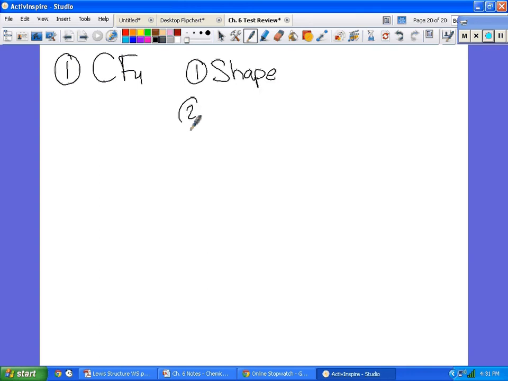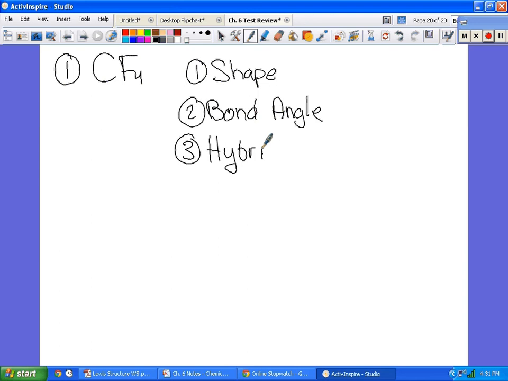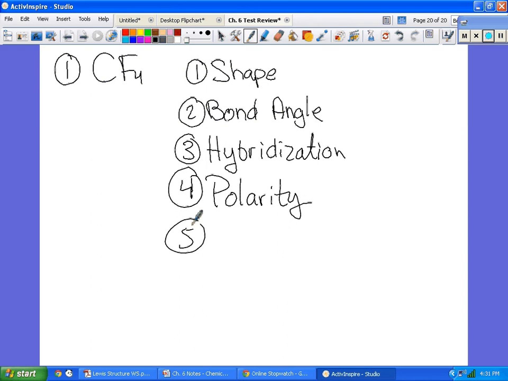I may do these out of order, but overall that's what will be there. Number 3 is the hybridization. Number 4 is the polarity. Number 5 is the IMF between 2 of them. And then it's going to say draw it. That's exactly what it's going to look like.